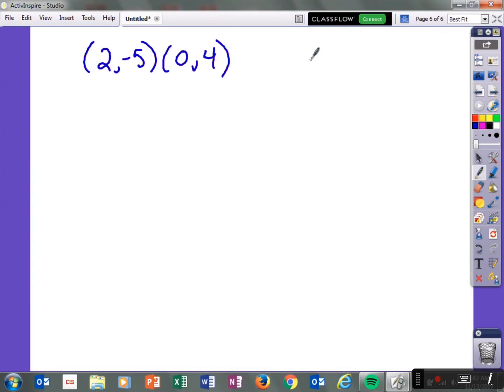The formula is y equals mx plus b, so all we need is m and b. We know the b, y-intercept: y equals 4. Now we just got to find the m. So y'all go ahead and find slope.